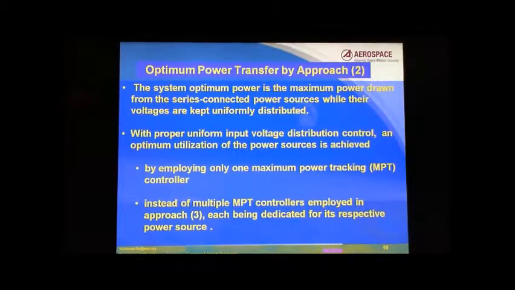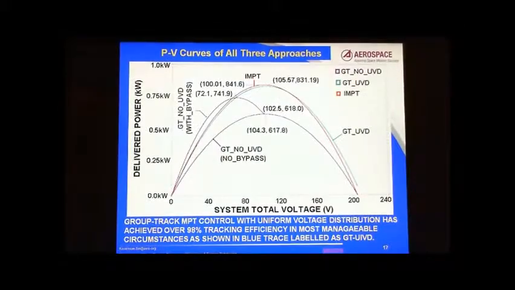With proper uniform input voltage distribution control, optimized utilization of the power sources is achieved by employing only one MPT controller instead of multiple maximum power tracking controllers employed in the conventional approach, in which each controller is dedicated to its respective power source.